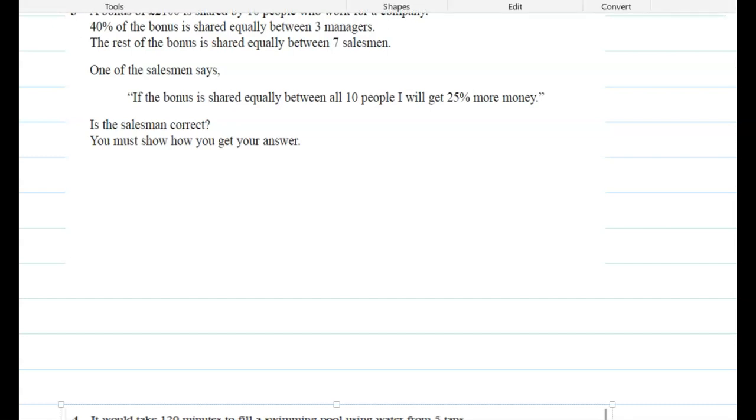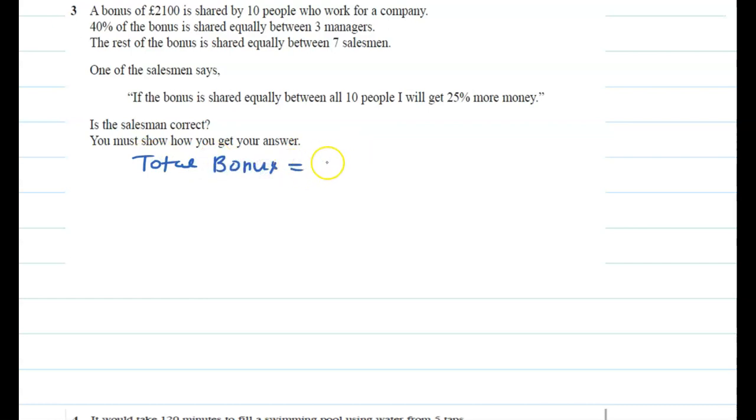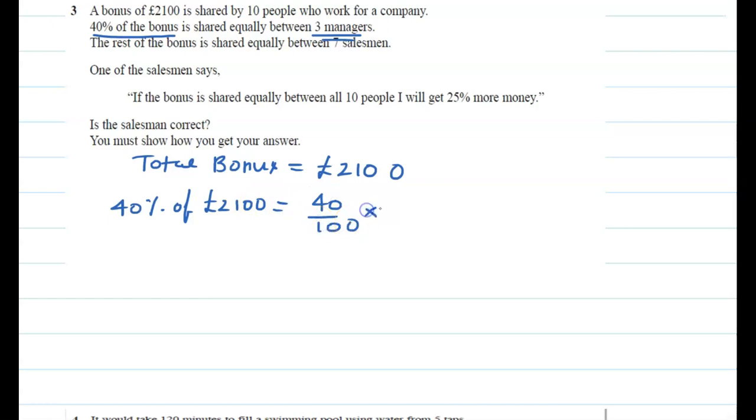Let's write down here: the total bonus is 2100. It is shared by 10 people who work for a company, and 40% of the bonus is shared equally between 3 managers. So let's find 40% of 2100. 40% of 2100 is 40 divided by 100 times 2100.